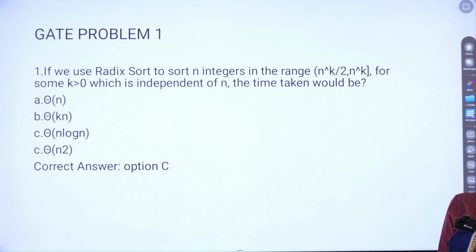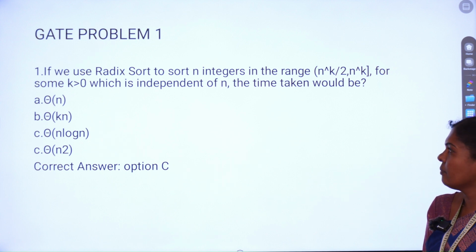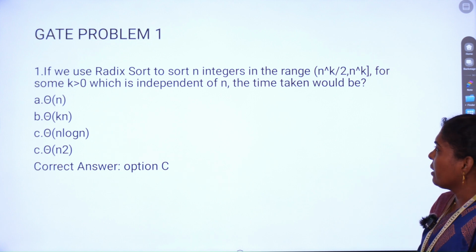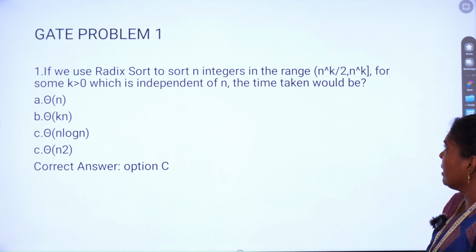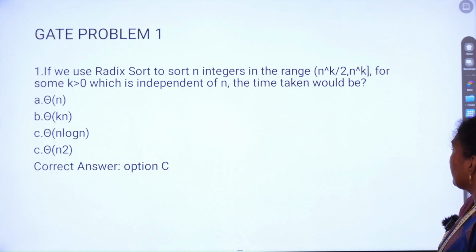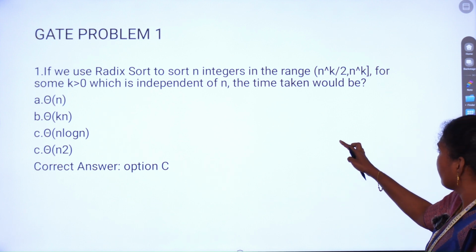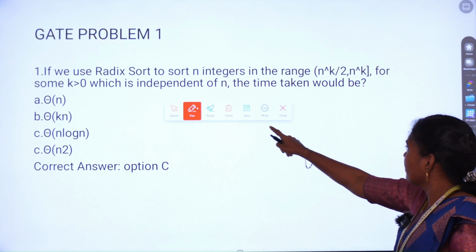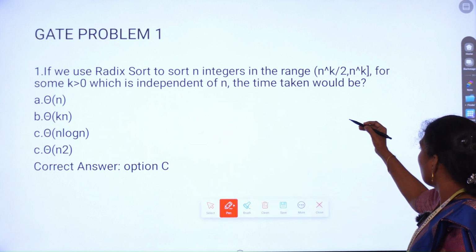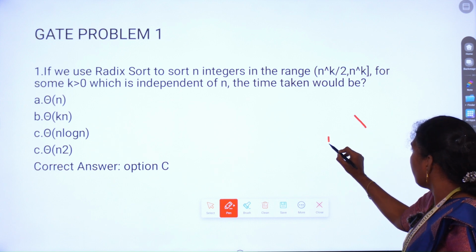Okay, let's see an exam problem. Problem 1. If we use RADIX sort to sort n integers in the range n to the power k by 2, n to the power k for some k greater than 0 which is independent of n, the time taken would be? Here the largest element is n to the power k.